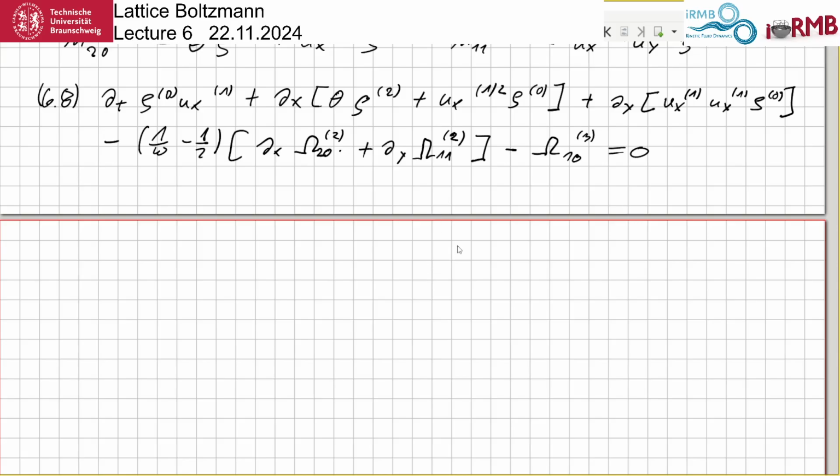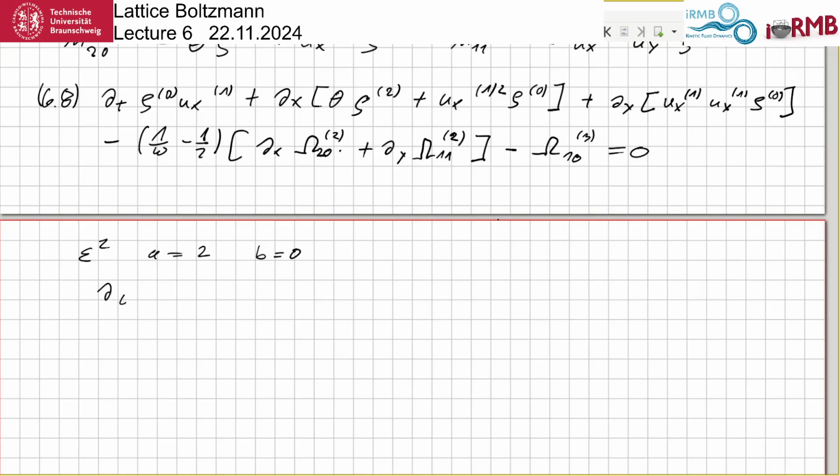And this leaves us with the solution for, we still need epsilon for the second order moments or the second order collision operator, epsilon squared, so second order. A equal to 2 and B equal to 0.